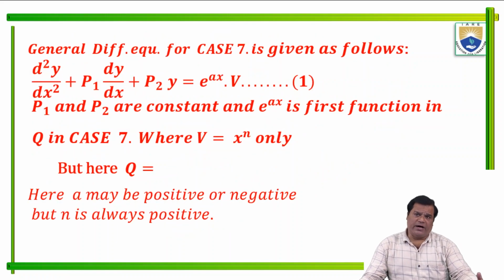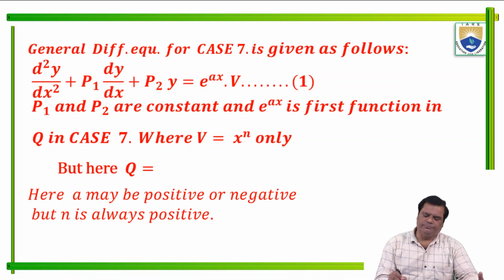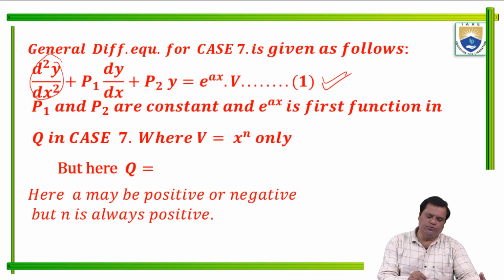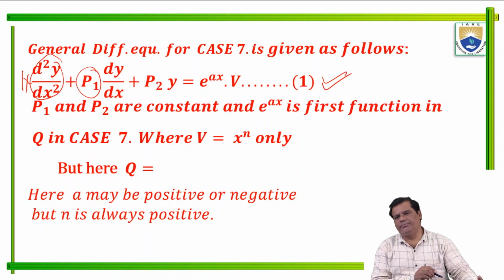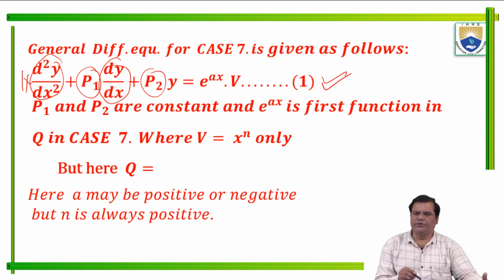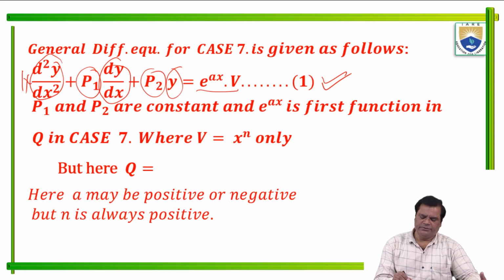The general differential equation for case 7 is given as follows. Here general means the standard form of a differential equation. That is d2y over dx2 multiplied by 1, plus p1, some number, multiplied by dy dx, plus p2, also some number, times y, equal to e to the power ax, which is the first function and is compulsory here, into v.